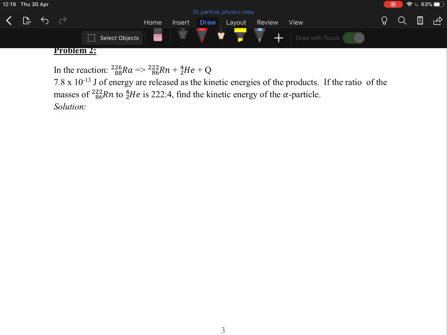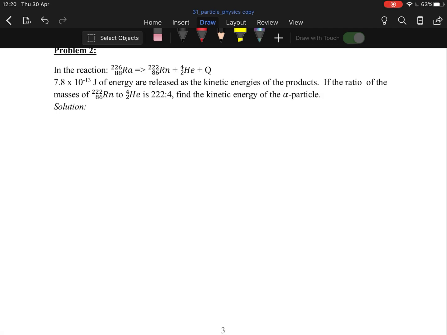There are two ways to approach this. One way, which I'm going to do, is to look at the momentums between the two, get the ratios of the momentums and solve it from there. The other is to compare the kinetic energies, divide one by the other, and solve it that way. But I'm going to do the momentum one.